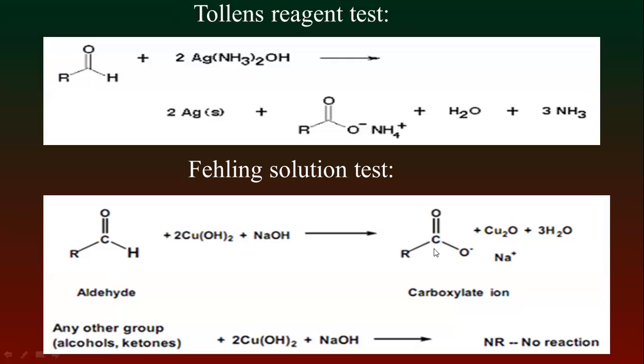But when we use a ketonic compound with Fehling's solution, then this type of reaction cannot happen. That means in this case, no reaction is possible. And by using Tollens reagent solution and Fehling's solution, we can differentiate aldehyde and ketonic compound.